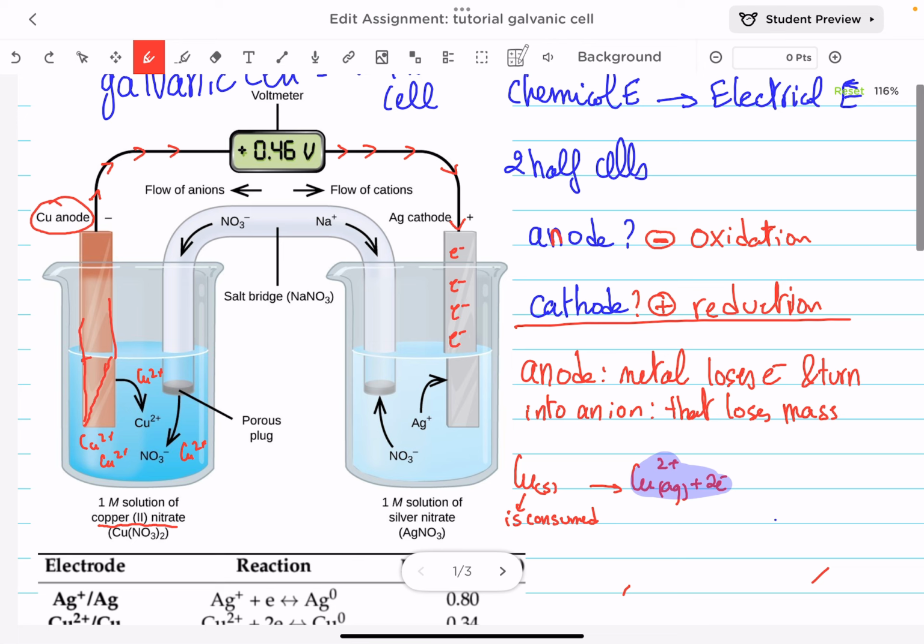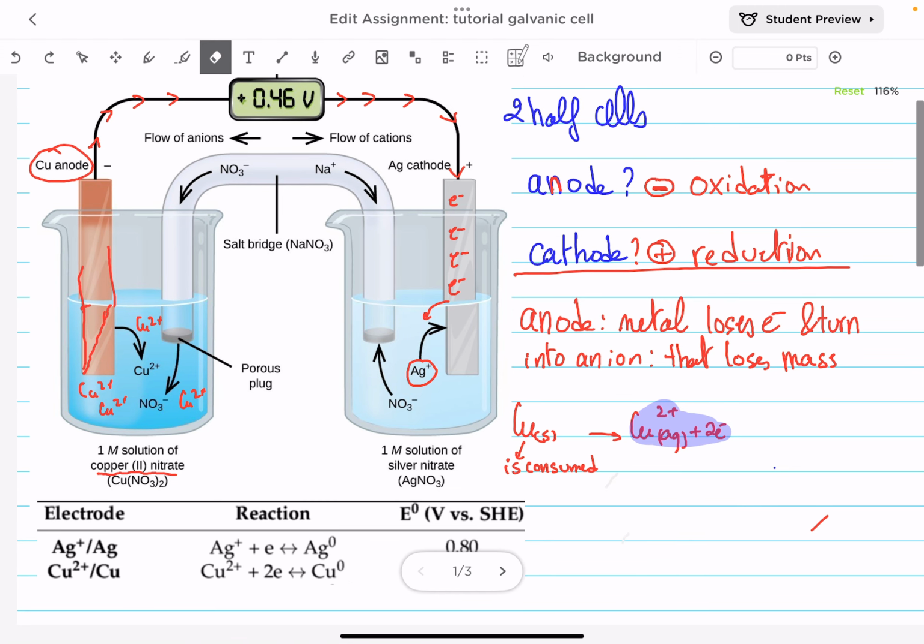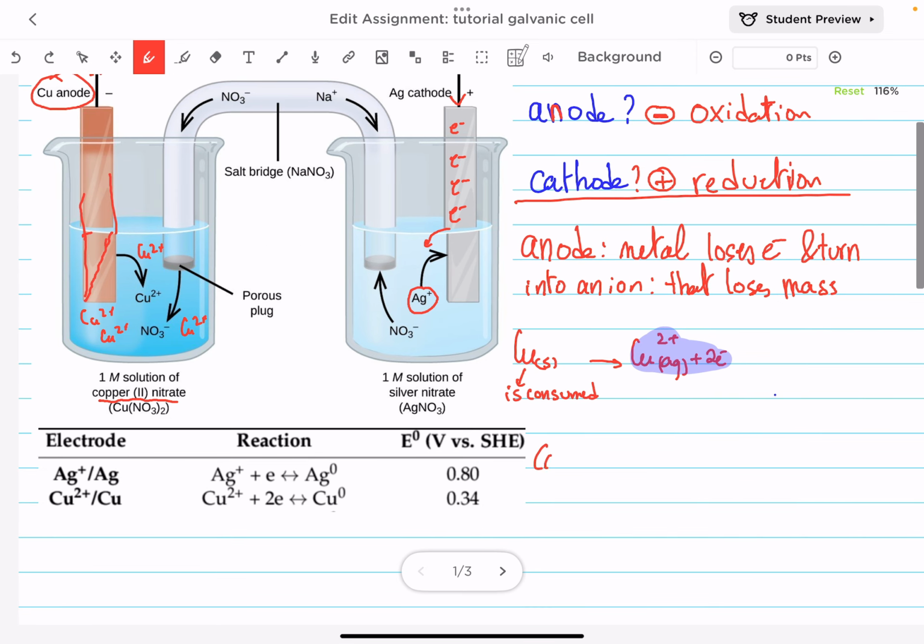When the electrons reach the cathode, they reach the solution. So who catches these electrons? The solution at the cathode catches those electrons in order to form more metal that will be deposited at the cathode electrode. So again, at the cathode, we have here the silver solution gaining those electrons coming from the anode electrode and changing into silver solid.